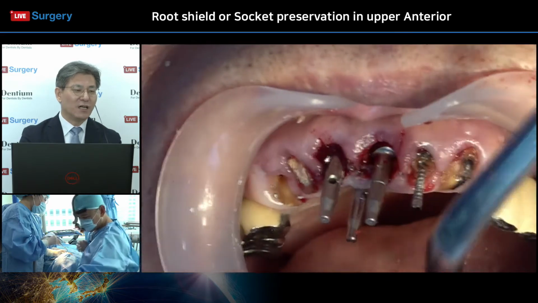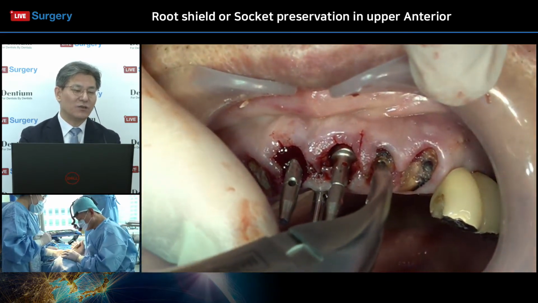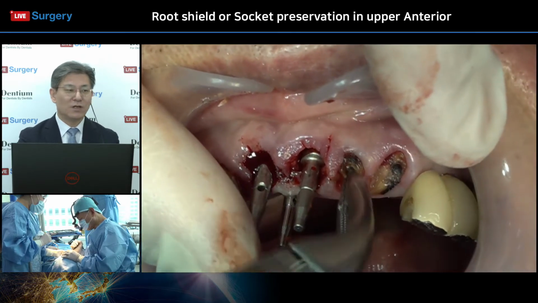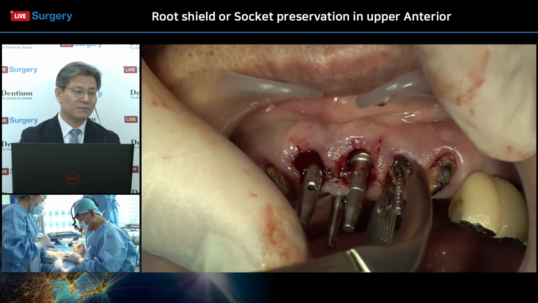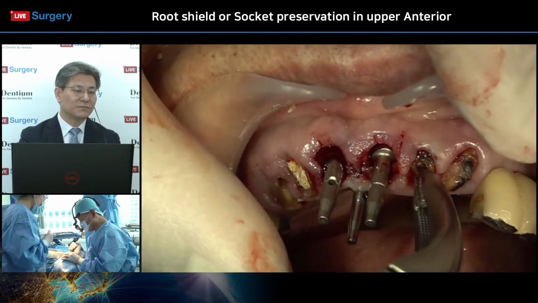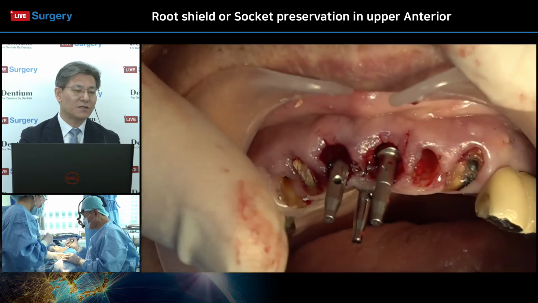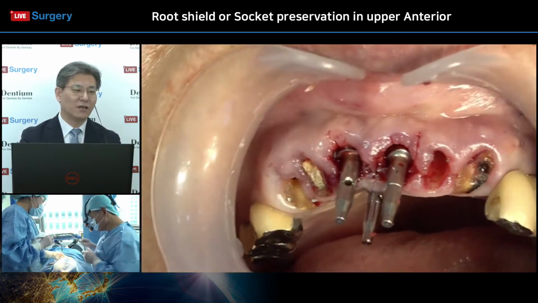Actually, in future, these endodontic treated teeth will be a good candidate for implantation. On this side, the tooth has mobility, so it's better to extract it completely. So it is not indicated for the socket shield technique.